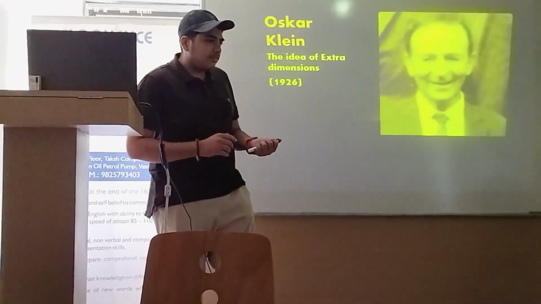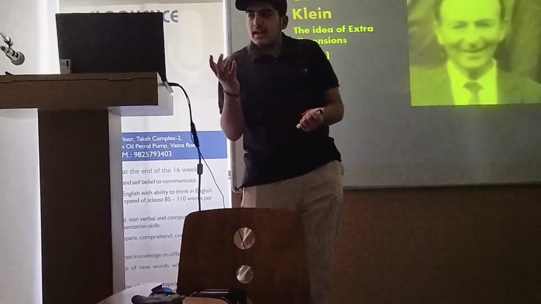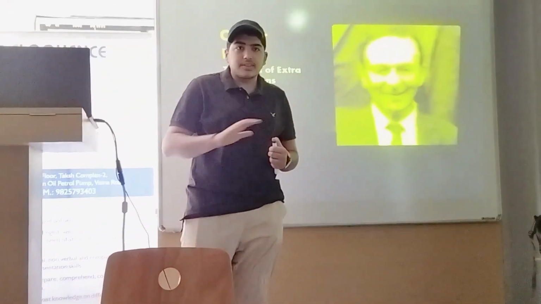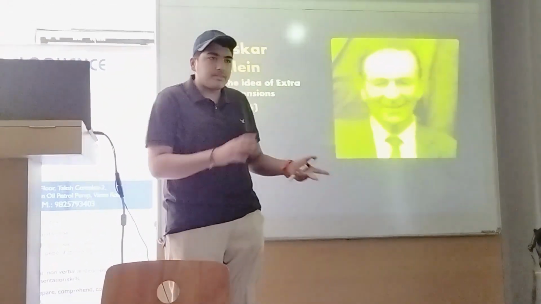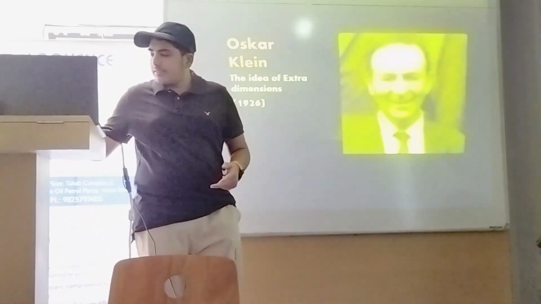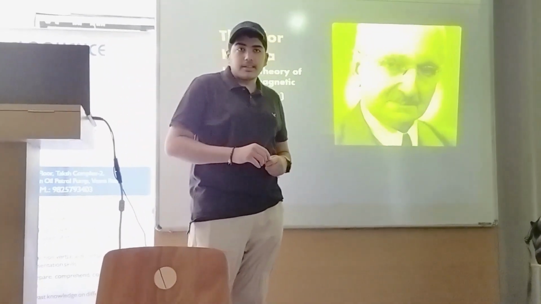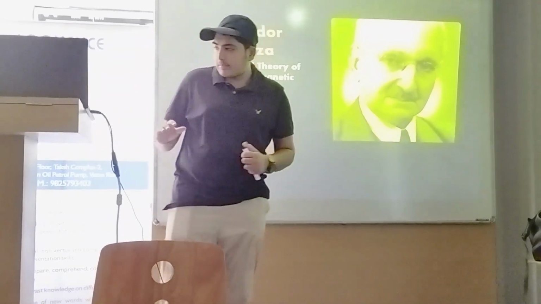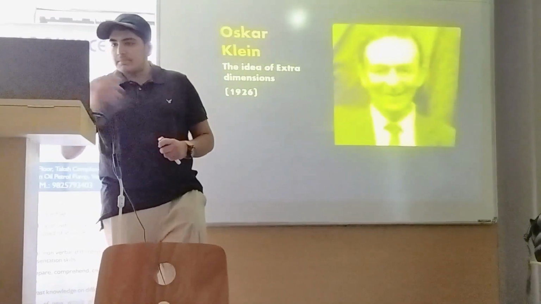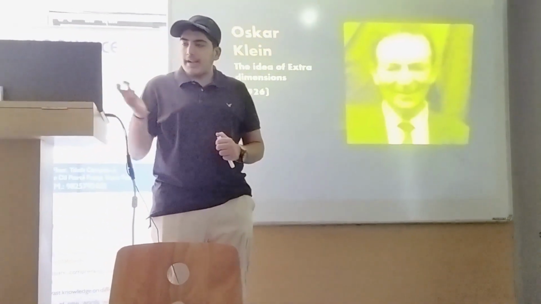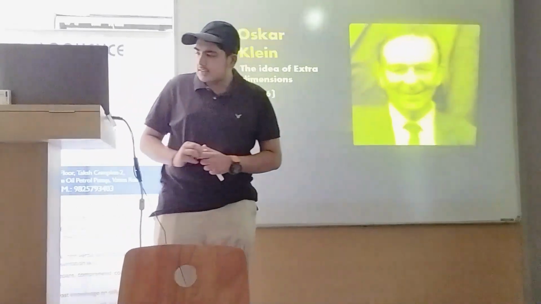You might ask me, where are the extra dimensions? He asked the question, where are the extra dimensions, why can't we see them? And the second question he posed: can we use Theodor Kaluza's unified theory of electromagnetism in real life? The first question was answered by Oscar Klein, who formed the idea of extra dimensions in 1926.